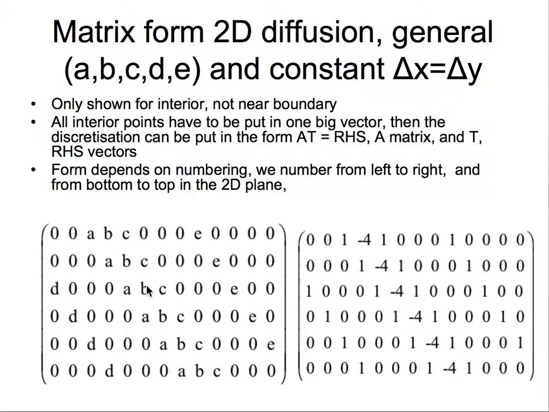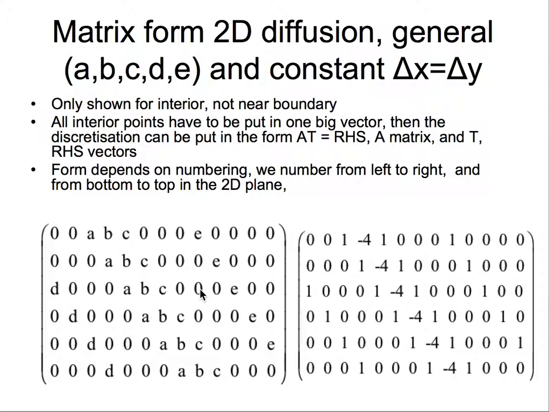And on the other hand, if I want to know where the coefficient is for my bottom point, then I have to subtract 1, 2, 3, 4, 5 from the index for the central point. The points in between the bottom point and a, and the points between the right neighbor and the top point, they all contain zeros. So as you can see, the matrix contains an enormous amount of zeros.